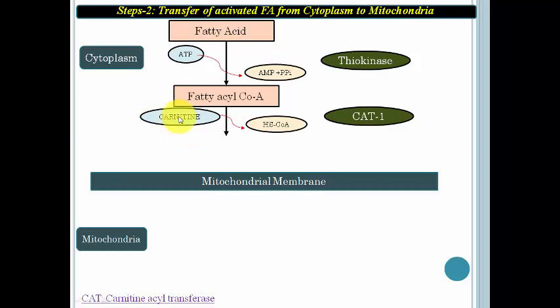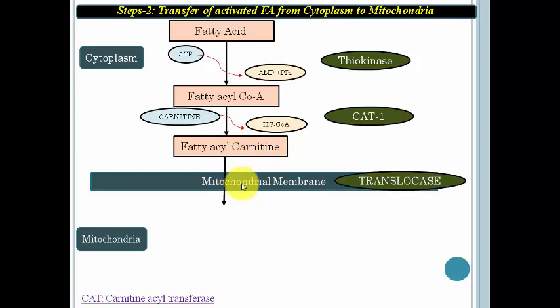Carnitine will form fatty acyl carnitine with the help of the enzyme carnitine acyl transferase 1. That means transfer of carnitine to the acyl group with the help of this enzyme. That's why the name of the enzyme is carnitine acyl transferase 1. And now this fatty acyl carnitine is able to cross the mitochondrial membrane.